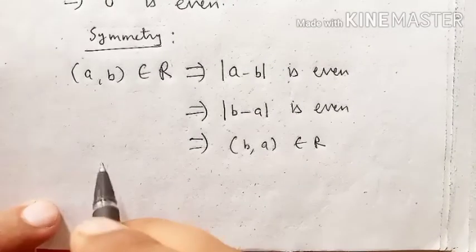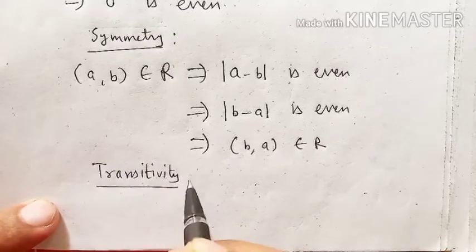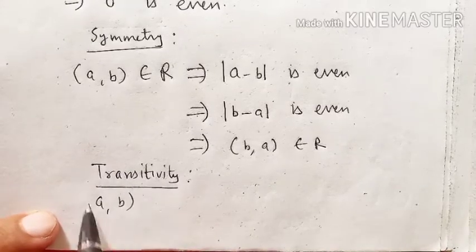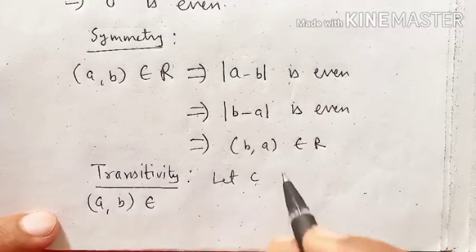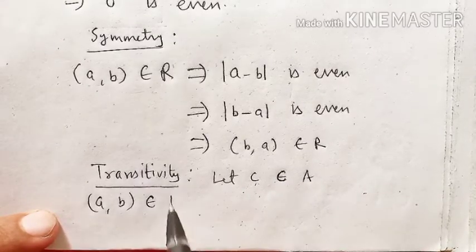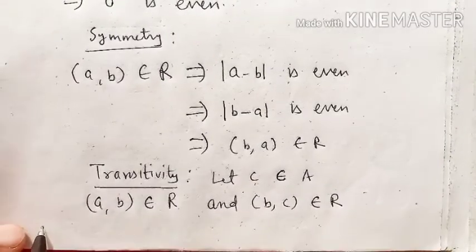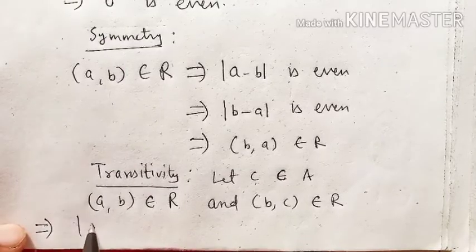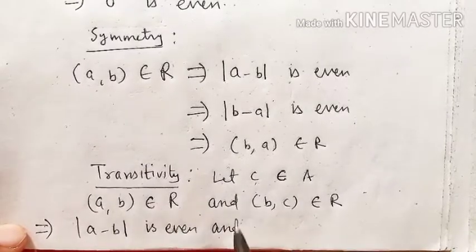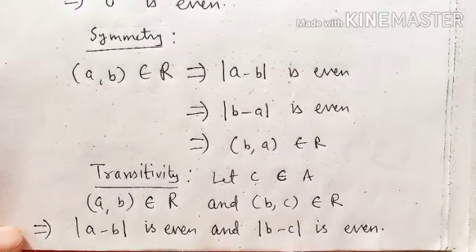Now transitivity. Here, let a, b, c belong to A. (a, b) belongs to R and (b, c) belongs to R implies that mod of a minus b is even and mod of b minus c is even.